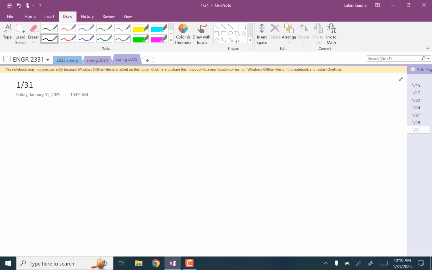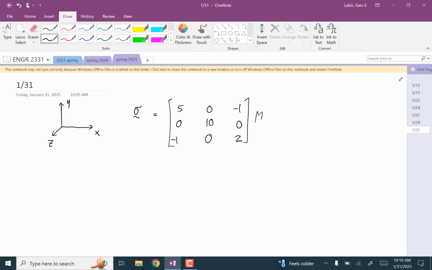In this coordinate system, our stress tensor is going to be 5, 0, -1, 0, 10, 0, -1, 0, 2 megapascals.